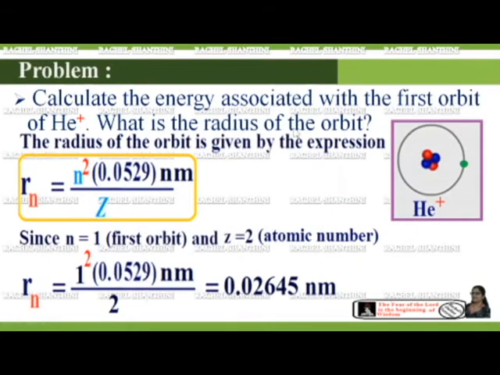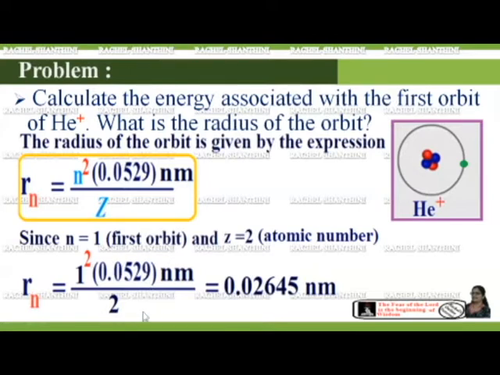Now let us calculate what is the radius of the orbit. The radius of the orbit is given by the expression Rn equal to n square into 0.0529 nanometer upon Z. Since n equal to 1 and Z equal to 2 for helium plus ion, substituting these values in the above expression, we get Rn equal to 1 square into 0.0529 nanometer upon 2.